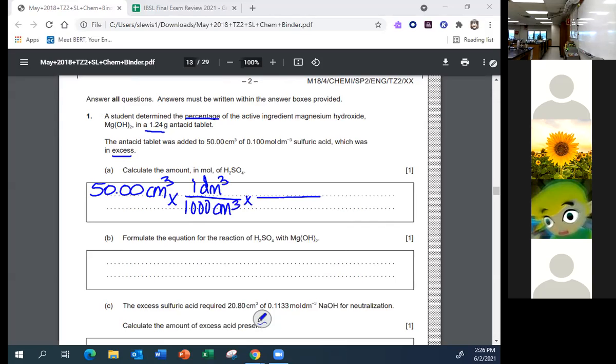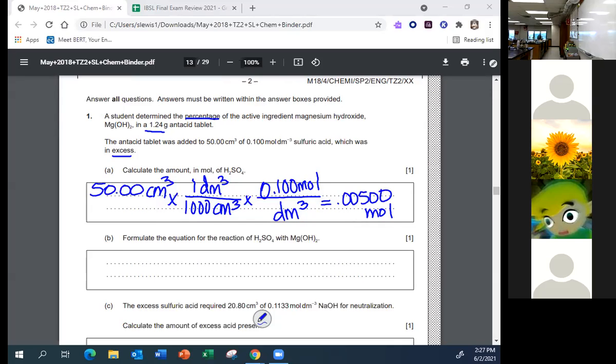Then molarity is our conversion factor: there's 0.100 moles of sulfuric acid in 1 cubic decimeter. Remember, you have the calculator for this part of the test. This comes out to 0.00500 moles of H2SO4. That's all they're asking for in part A.